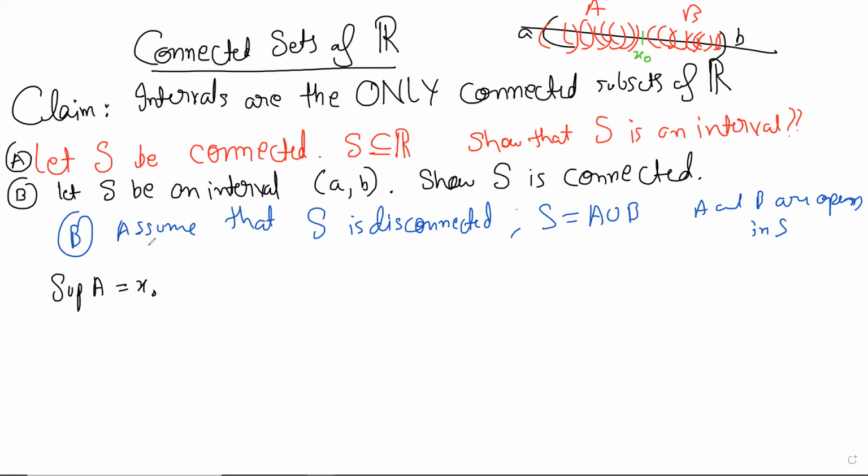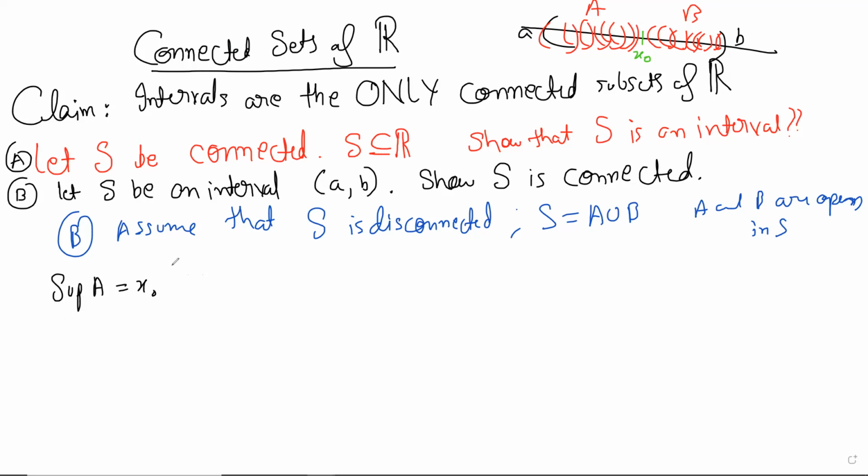It should be the supremum of A. Yeah, let's just take the supremum of x naught. Now, what do we do? But we want to show that the supremum of A is in S. That is what we want to show first.